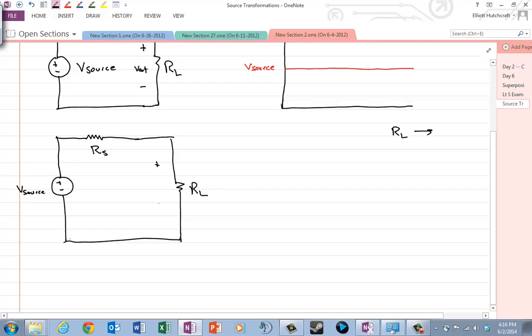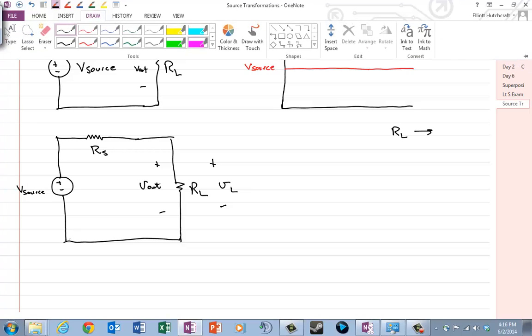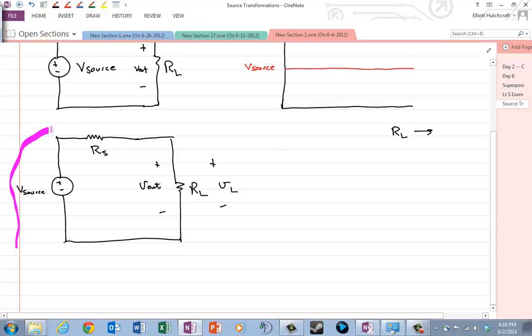I'll call this voltage here still V out, or also VL. Our source now is really a combination of the ideal source V source and RS, the source resistance.